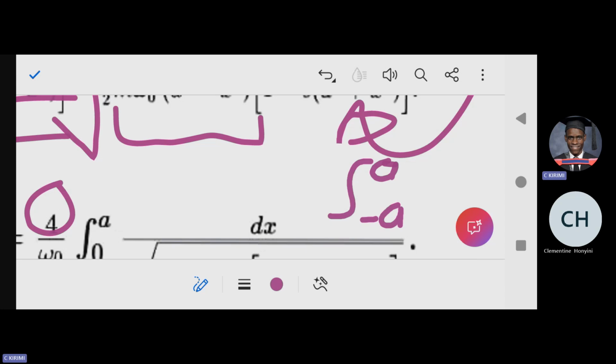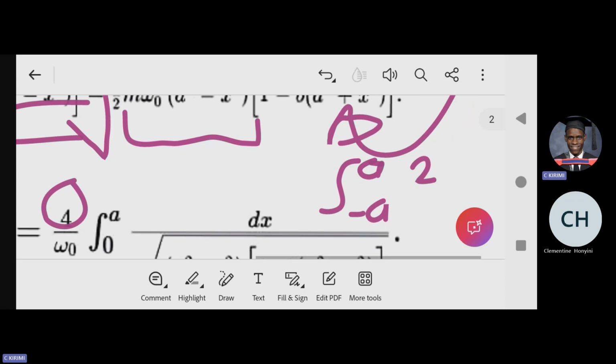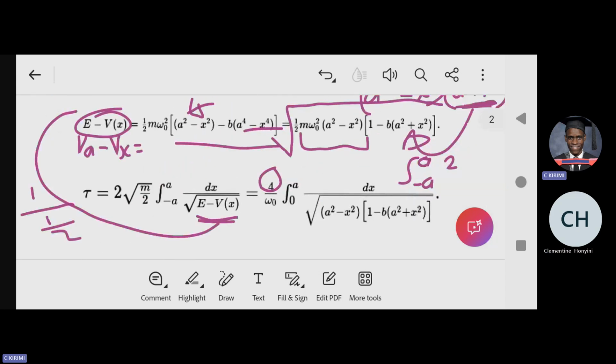We are integrating 2, minus a to a, which means when we say 1 over the square root, it will be 2 under the square root of 2. Then what is under the square root?